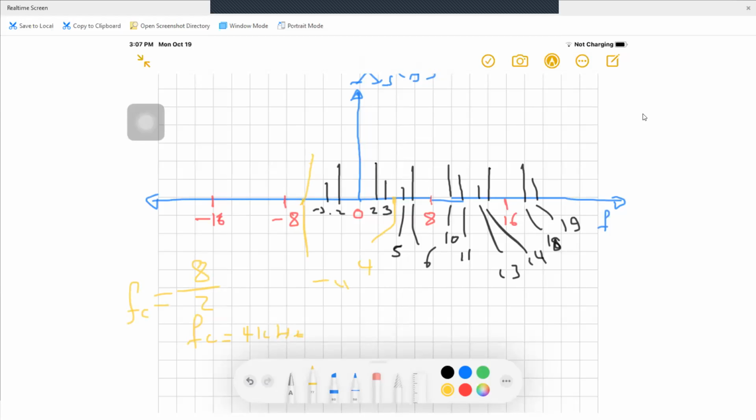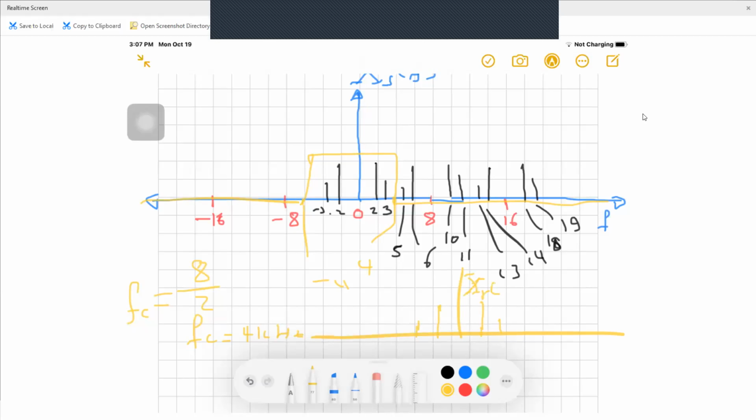Using this, the remaining will be the original signal, 2 and 3, minus 2 and minus 3. This will be the recovered signal, XR of F, on the F axis.